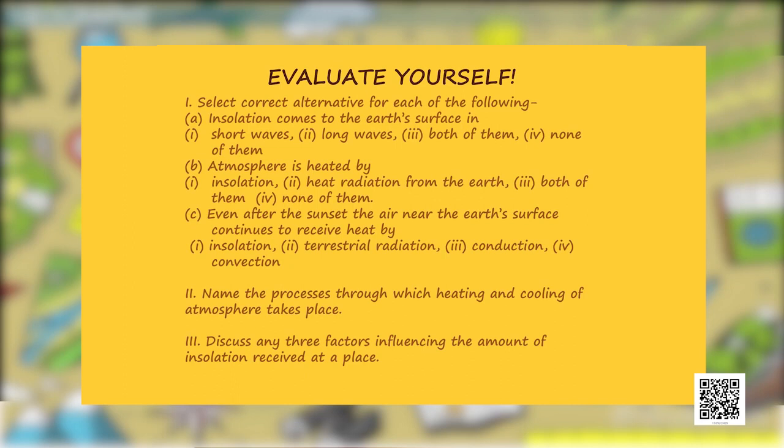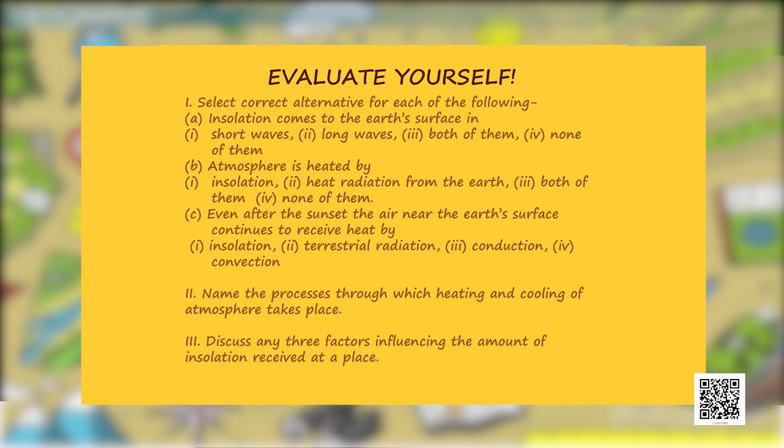Atmosphere is heated by insolation, heat radiation from the earth, both of them, or none of them. The third one: even after the sunset, the air near the earth's surface continues to receive heat by insolation, terrestrial radiation, conduction or convection.